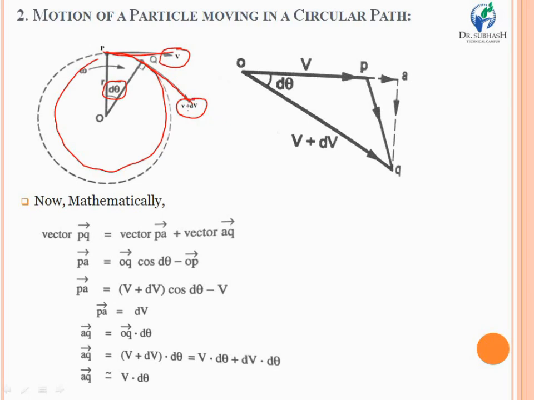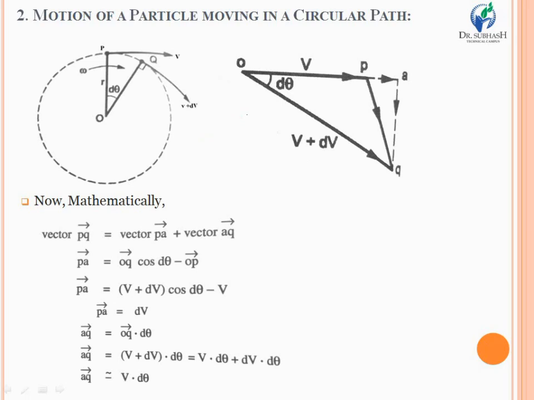Whatever the increase in velocity, that is dv, is due to the change in position of the particle from P to Q. So due to that small angular displacement d theta of the particle moving from P to Q, the linear velocity will of course change and increase a little bit to v plus dv. Now the same phenomenon can be represented by a vector diagram.